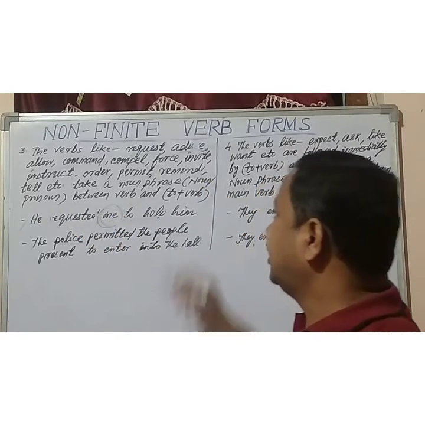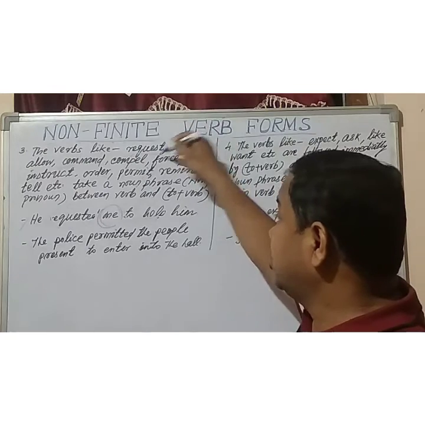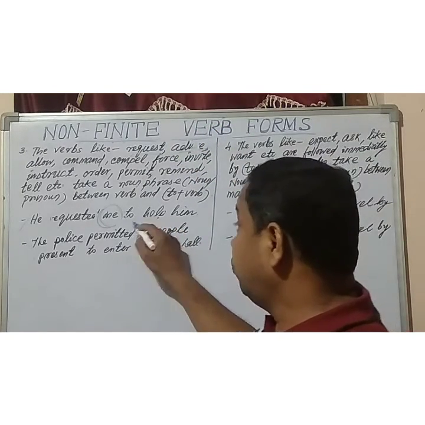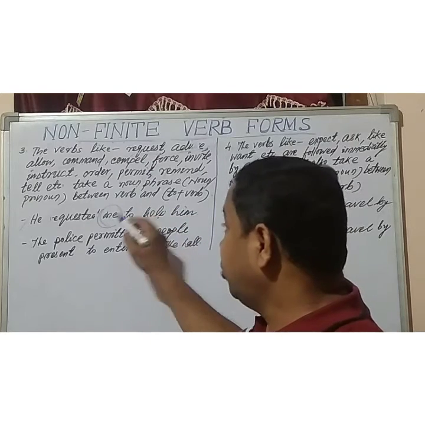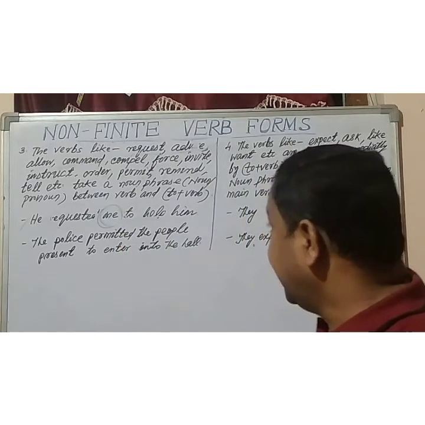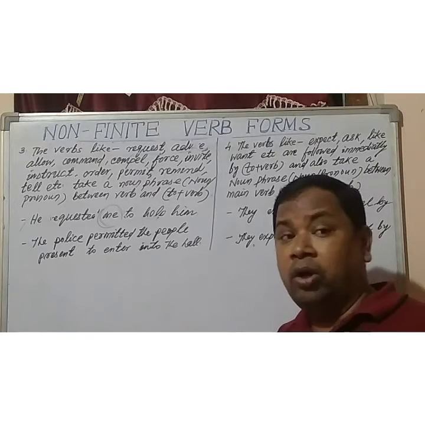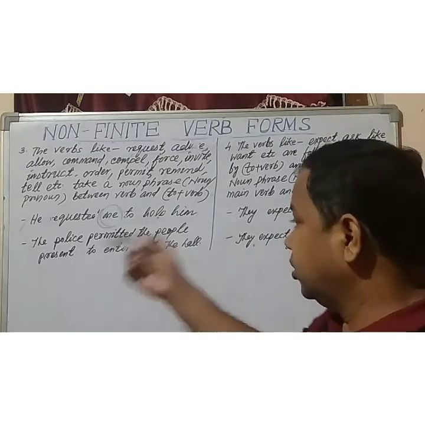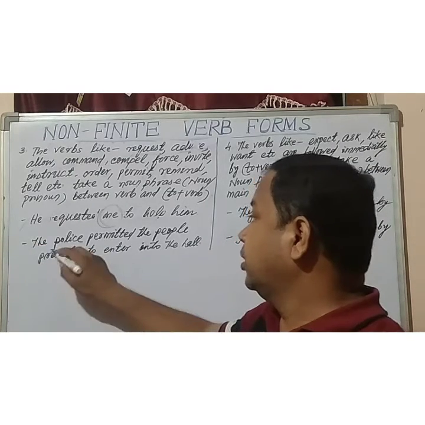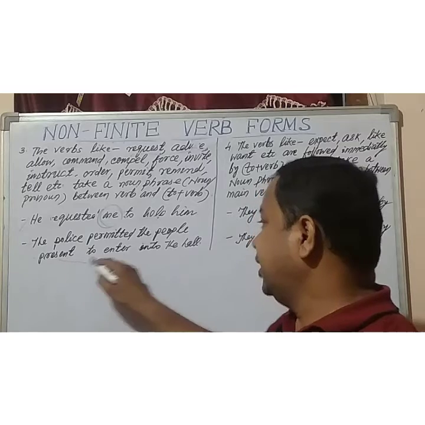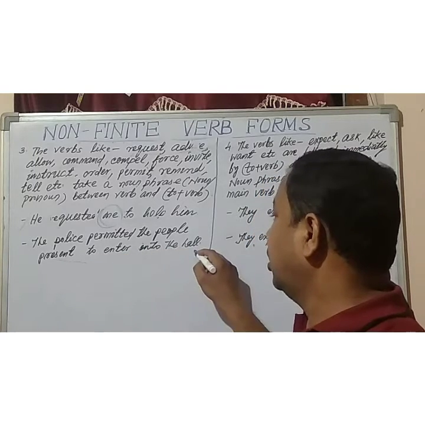So we say that when these verbs come and there is to plus verb, and between them we take a noun phrase or noun or pronoun. Okay, in the second example you see here, the police permitted the people present to enter into the hall.